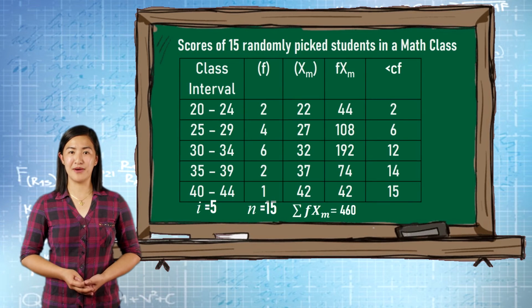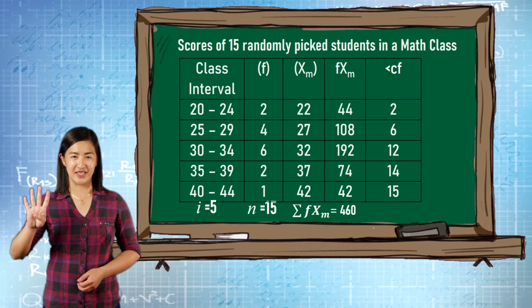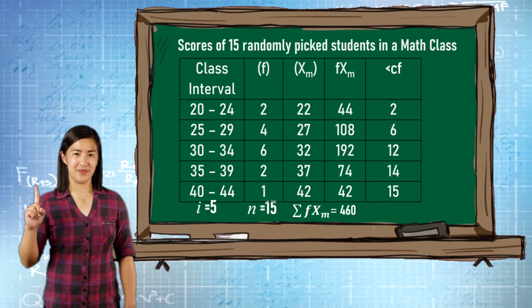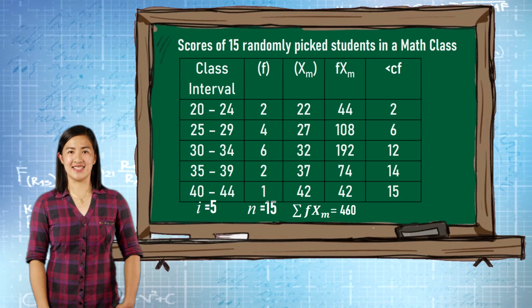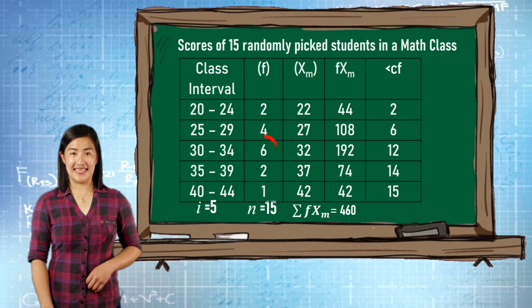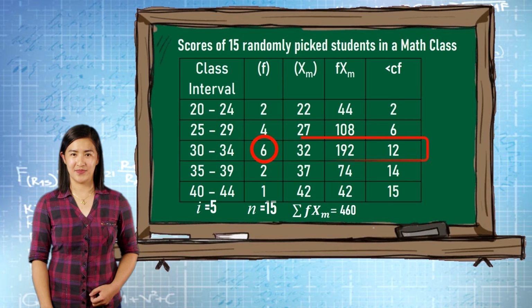Let's have an example still from the previous data table. There are again 4 steps in solving the mode. Step 1. Determine the modal class. It is the class with the highest frequency. In the table, 6 is the highest frequency.